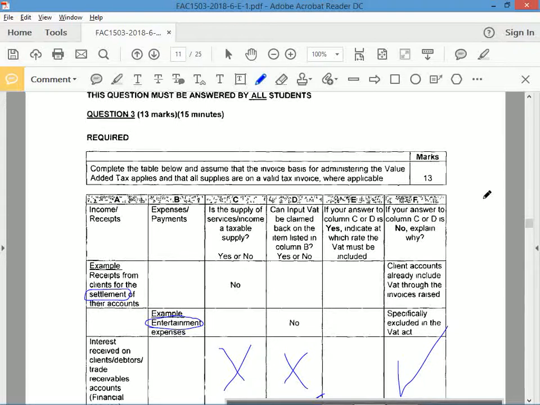So if a sole proprietor wanted to register, they would have to be a VAT vendor. I don't know of a sole proprietor that's a VAT vendor, because you need to submit a VAT return every single month, or every 2 months, or every 4 months, depending. Yes, but then you have to register. If you're under 1 million, then it's voluntary. Yeah, we spoke about that.